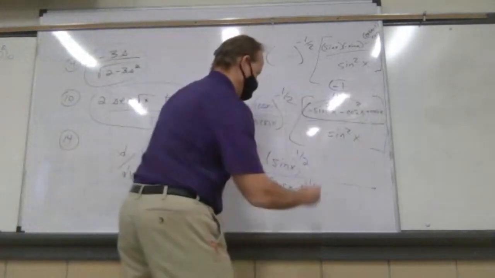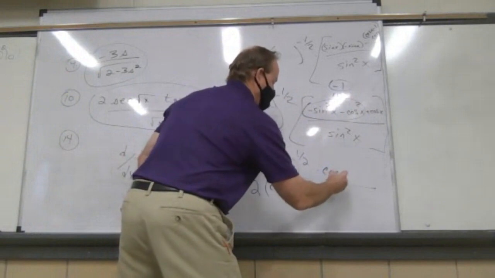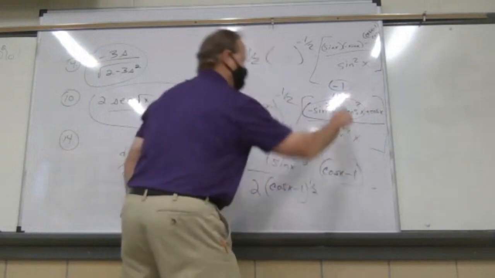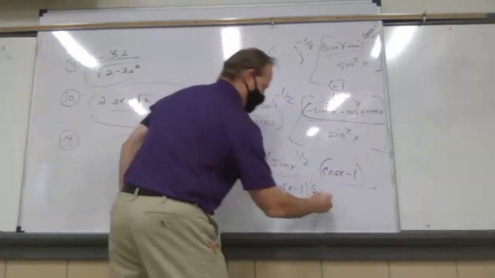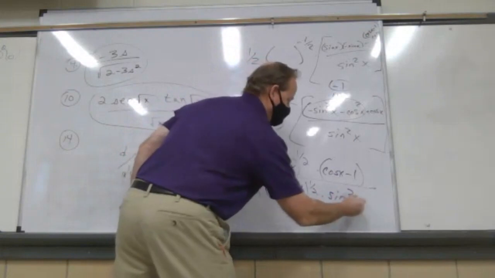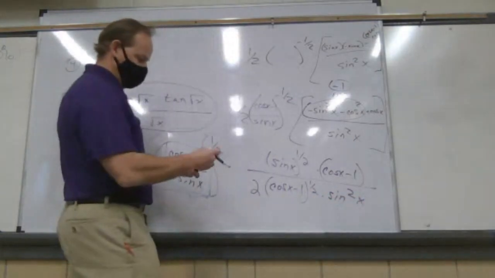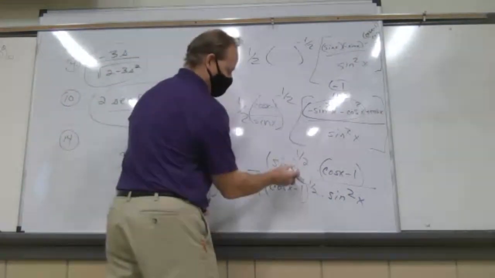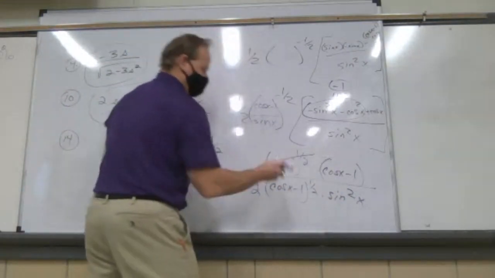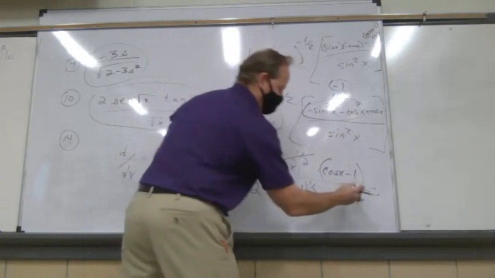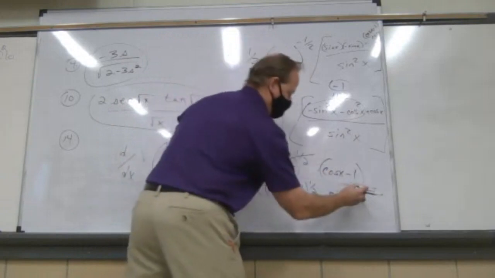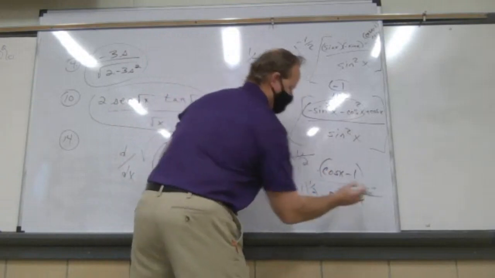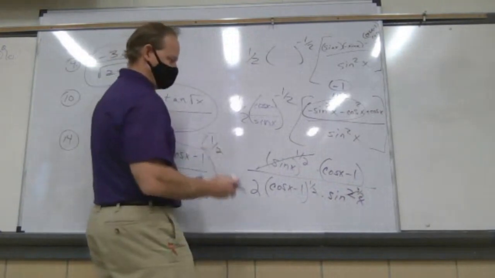And then here I've got cosine x minus 1 in parentheses, right? Because that's in there. And then times sine squared x. And then what I can do is cancel, right? Same base, subtract the exponents. So this would be 2 minus 1/2, which is sine to the 3/2 power x.